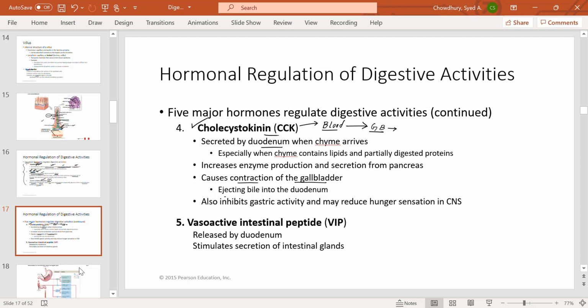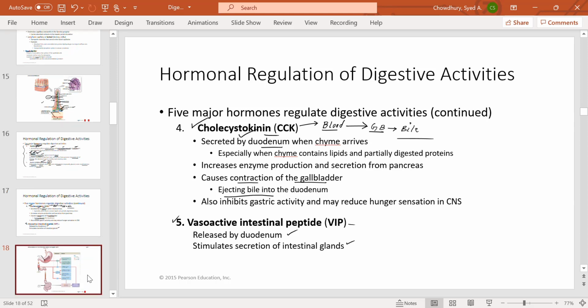Okay, so the bile will be ejected from the gallbladder and will enter into the duodenum. Okay, and that is the cholecystokinin. It helps in the ejection of the bile. And the last one is vasoactive intestinal polypeptide or VIP. This is also released in the duodenum and stimulates secretion of the intestinal glands. So it will stimulate the intestinal glands to secrete the chemicals.